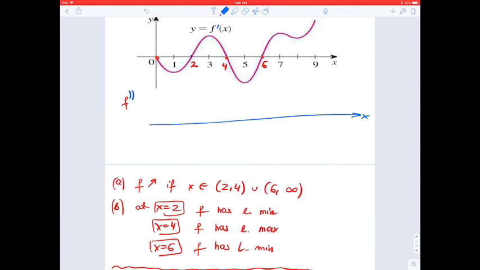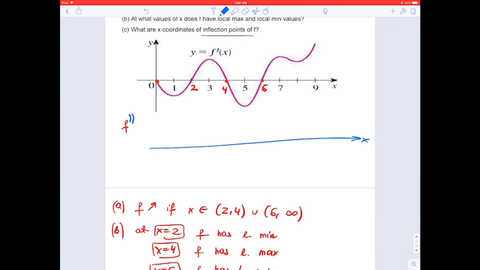Now I will draw x and I will try to look at the values where the second derivative is 0. Looking at the first derivative, we can treat this as a function.